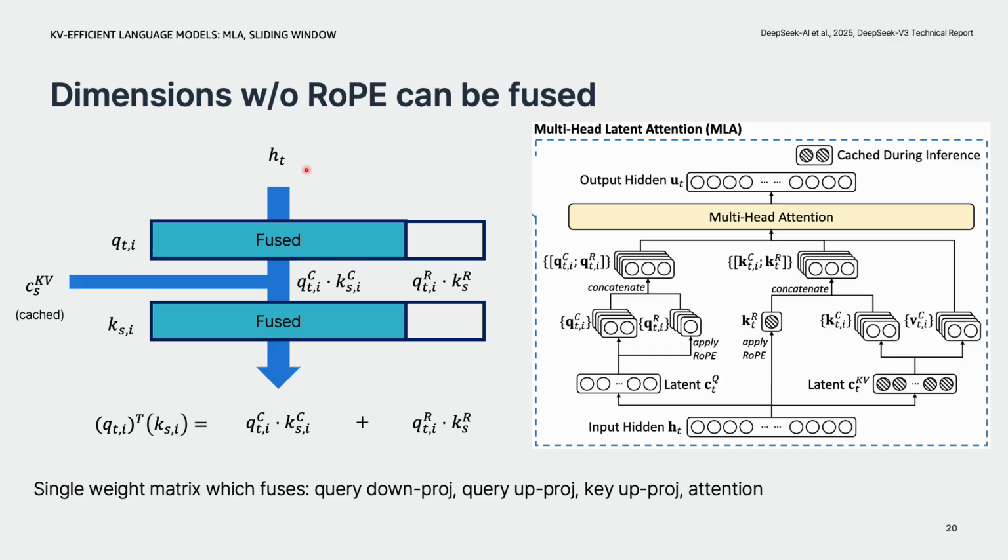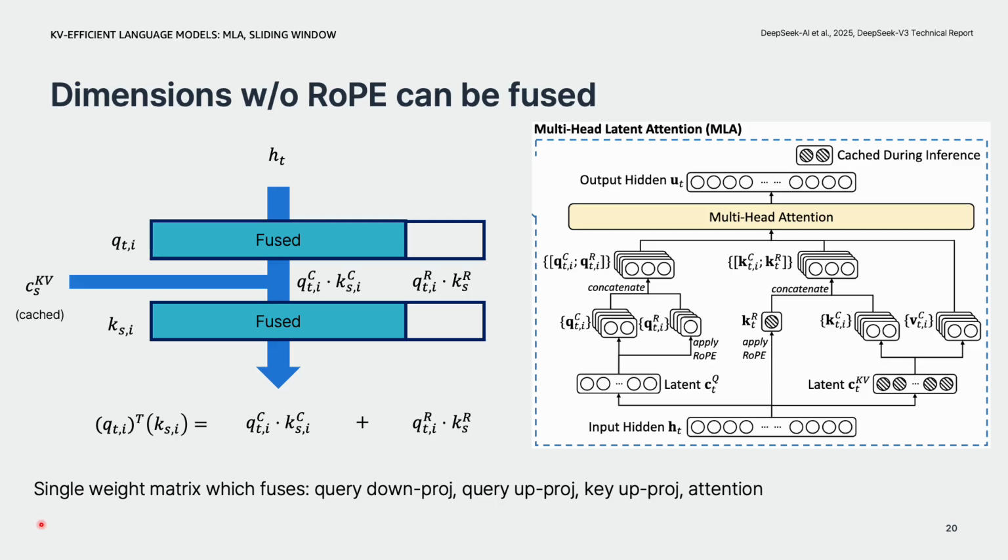So for hidden states H and the latent KV cache c_KV, all the calculations can be fused and go directly to QK, only for the non-RoPE dimension, so to speak.